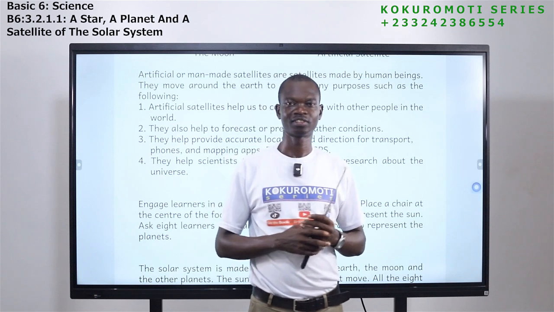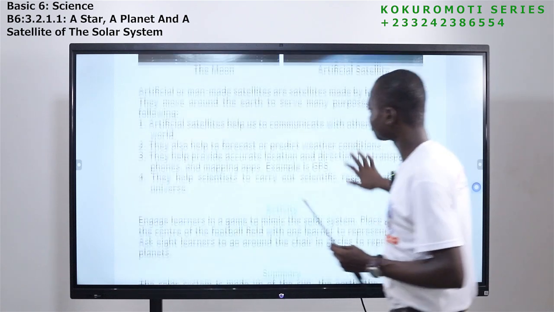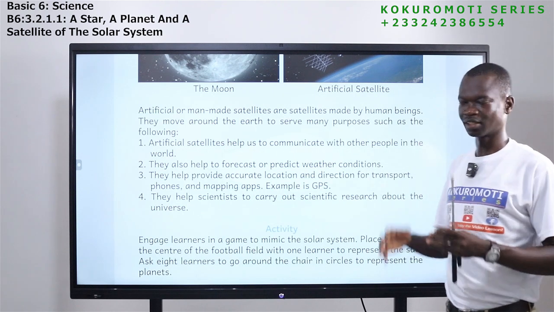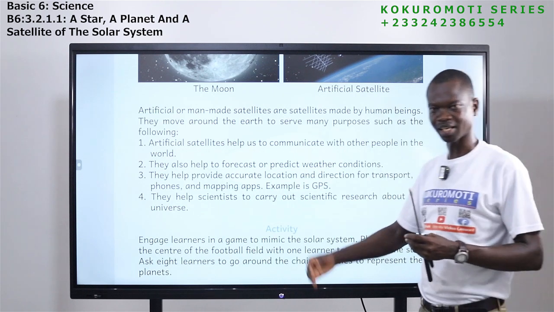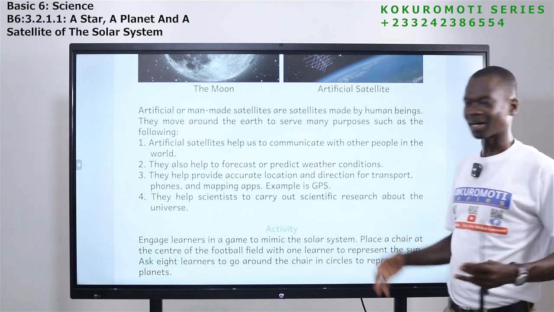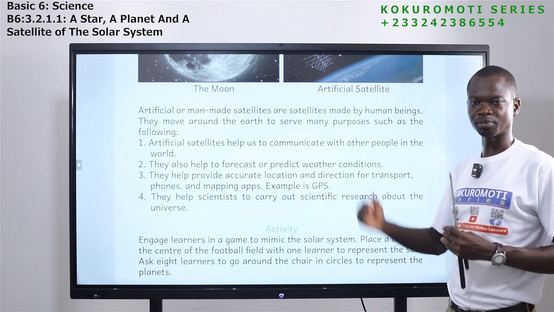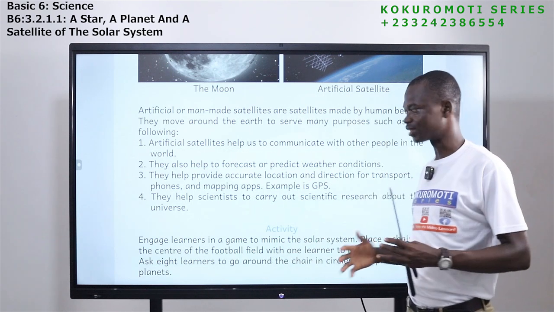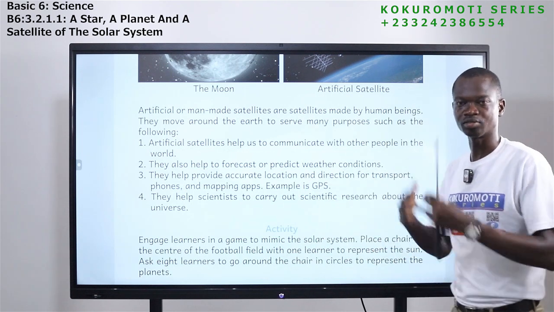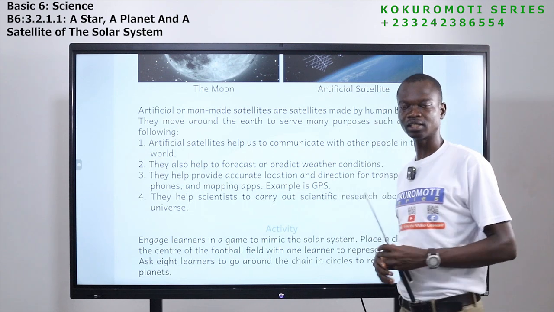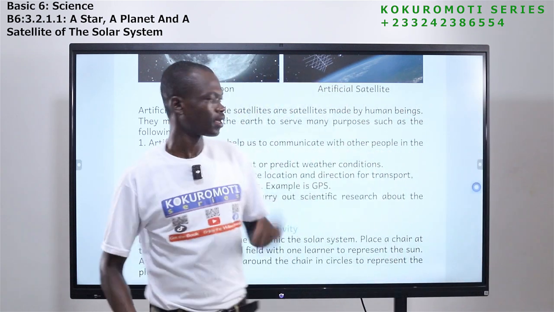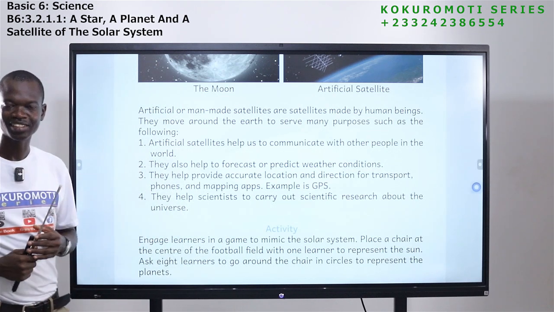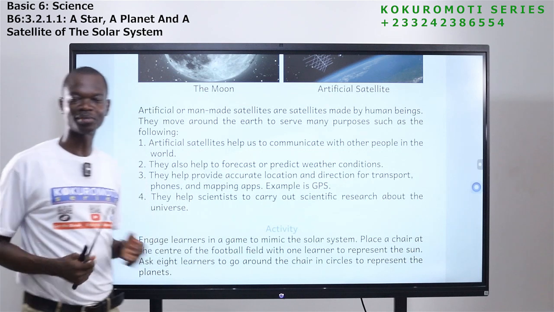Okay, so we have seen that satellites are smaller bodies. They move around bigger bodies. We have natural satellites, we have artificial satellites. The artificial satellites help us in communication. It helps us to communicate, send information to other people. The same artificial satellites also help us to forecast, to tell what the weather will be in future. You should also remember the GPS: if you are driving and you don't know the place, you use GPS.